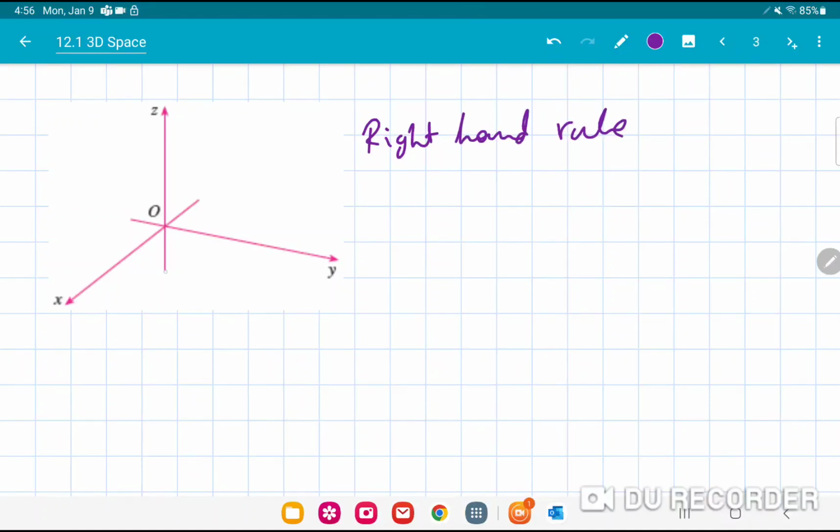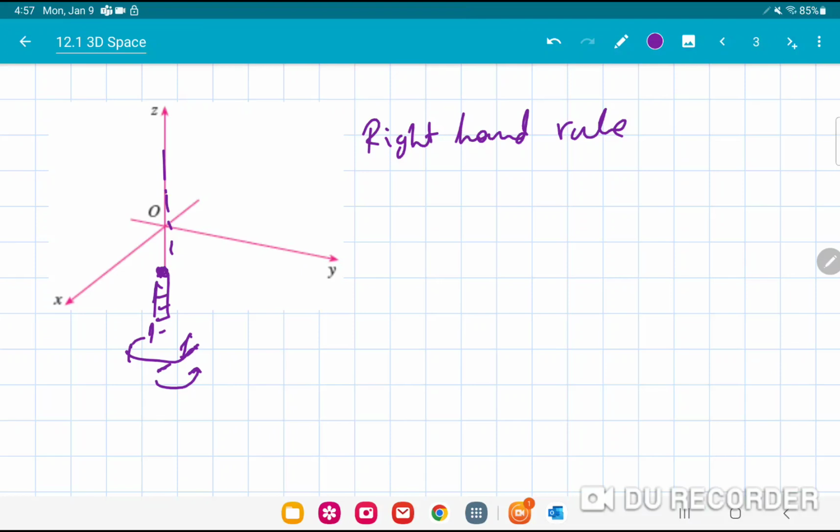If you're familiar with screws, and you turn the screw from x to y, it will go up, screwing up towards the z-axis.